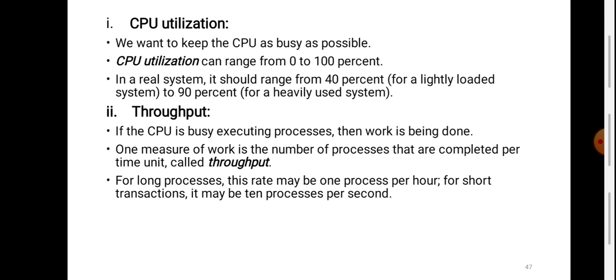Okay, so throughput is the second criteria. If the CPU is busy executing processes, then work is being done. So one measure of work is the number of processes that are completed per time unit, called throughput. If throughput is important for you, then you have to use the scheduling algorithm which gives importance to throughput.